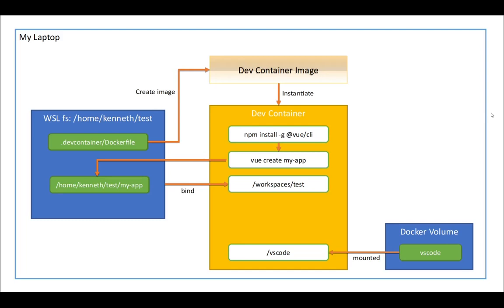Then I launched vue create my-app, which boilerplated files on my WSL file system. And then when I went into my-app and ran npm run serve, it actually started the web application within the DevContainer, and then it mapped the local port to my desktop's port so that I can open it in my browser.